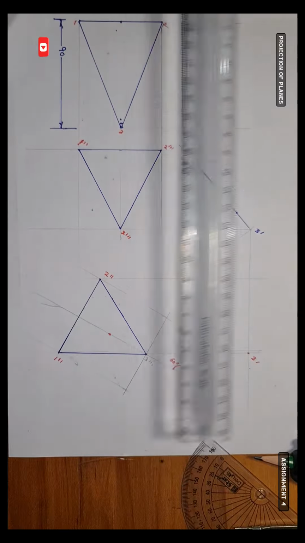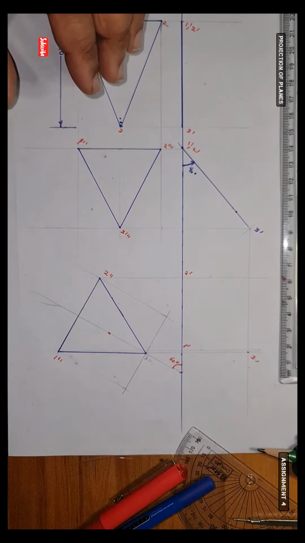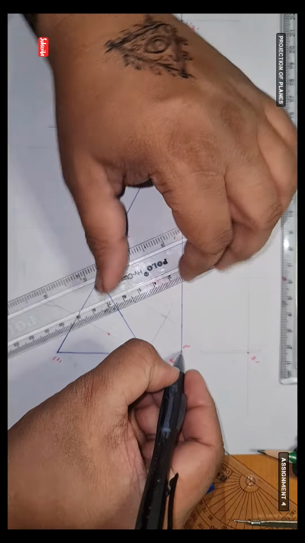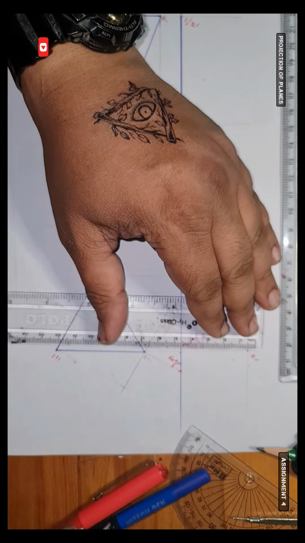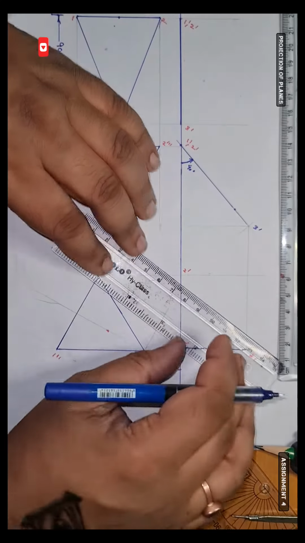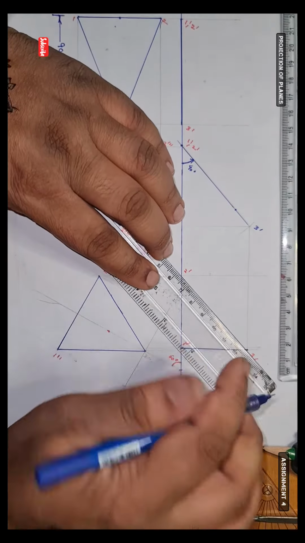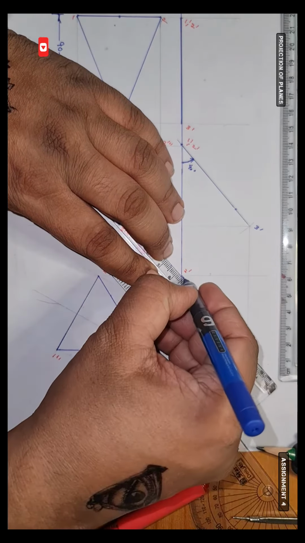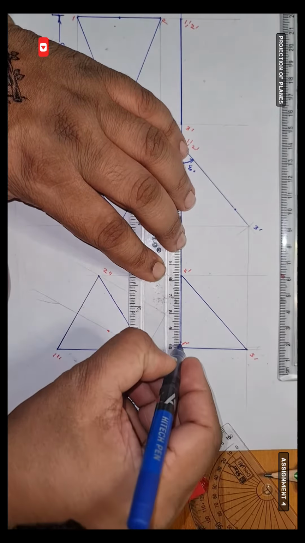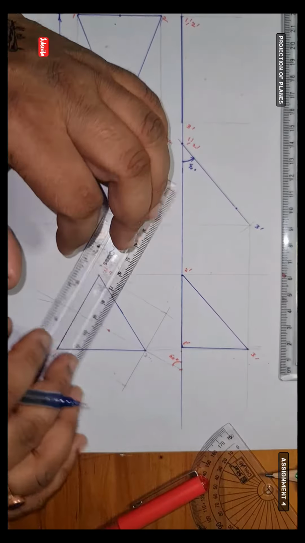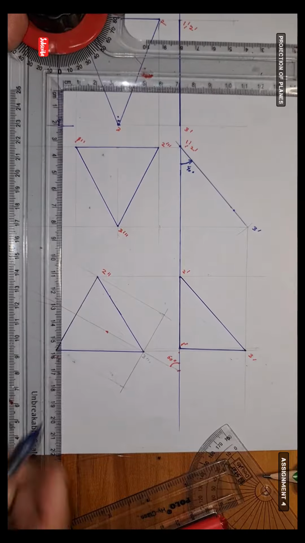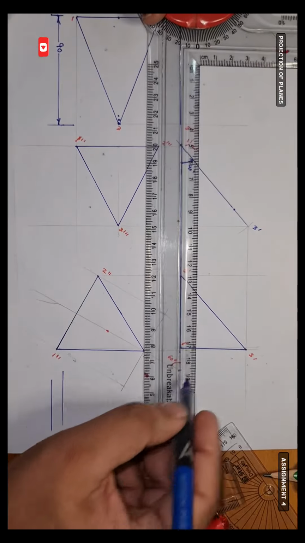Now you join 1, 2, 3. You will get a similar figure as my figure, because I had taken less height as I had limitation in the space, so you will get a similar answer.